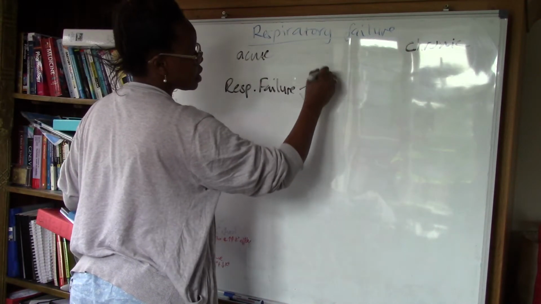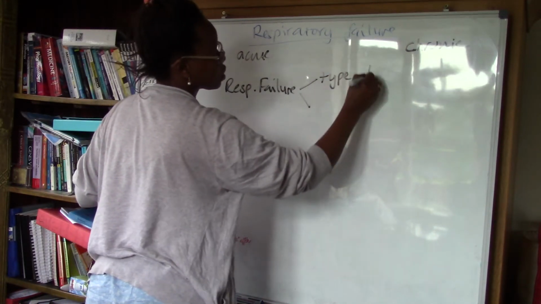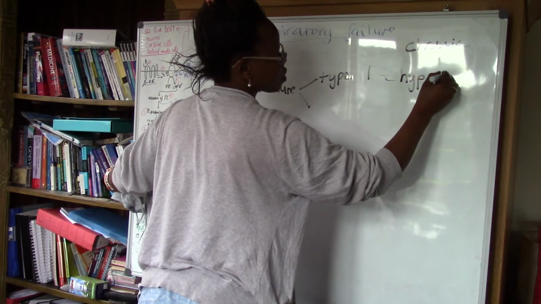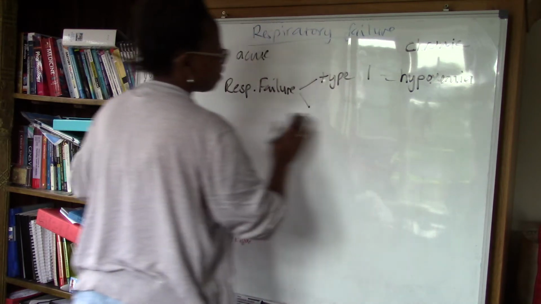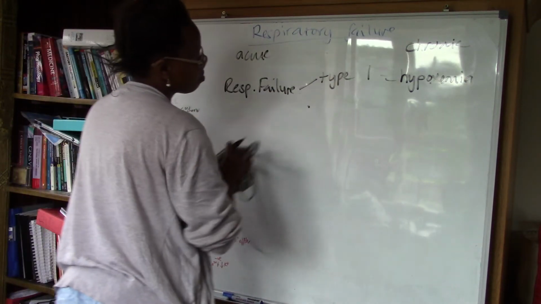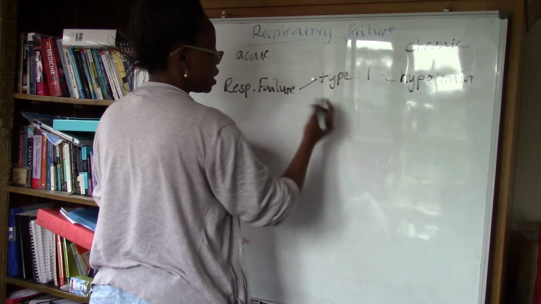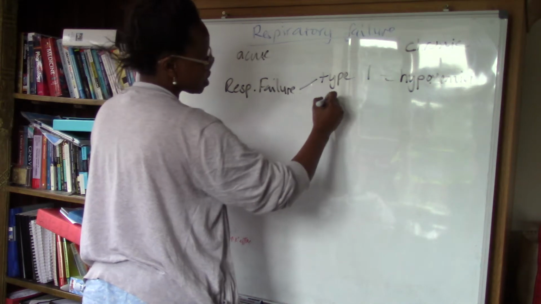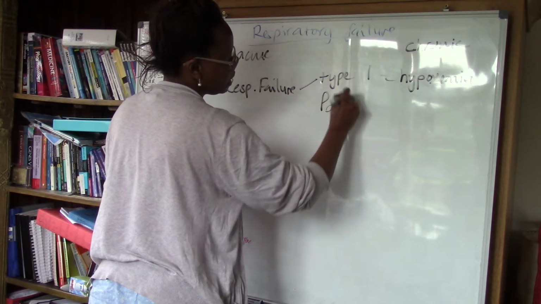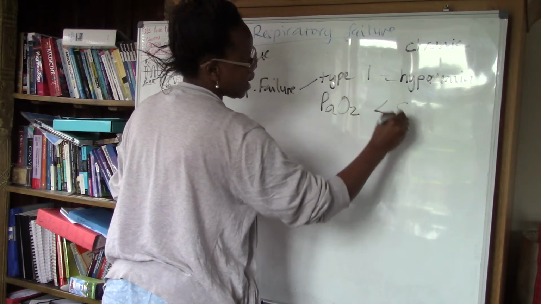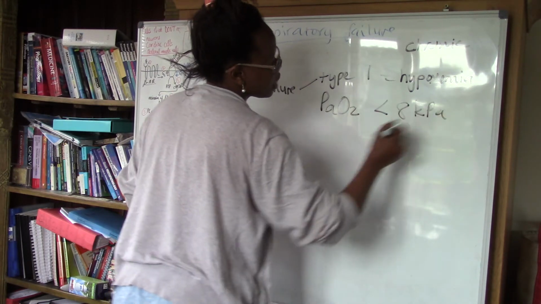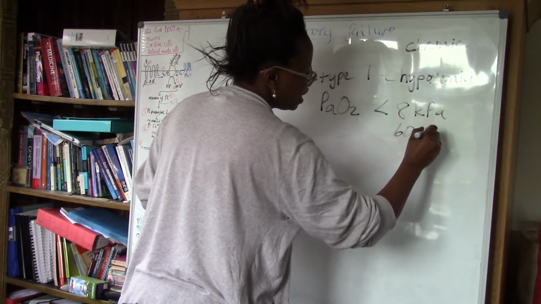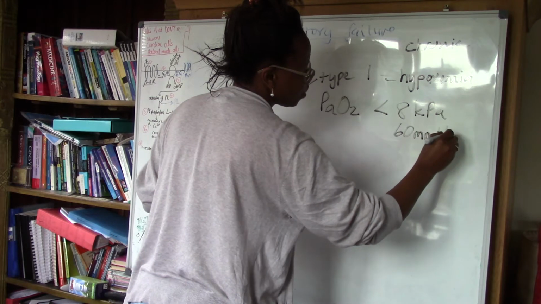in two types. There is type 1, which really is hypoxemia. And when we say hypoxemia, obviously we're talking about the partial pressure of oxygen in the arteries. So that will be less than 8, or indeed less than 60 millimeters of mercury.